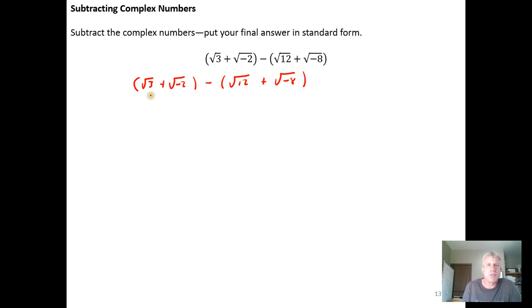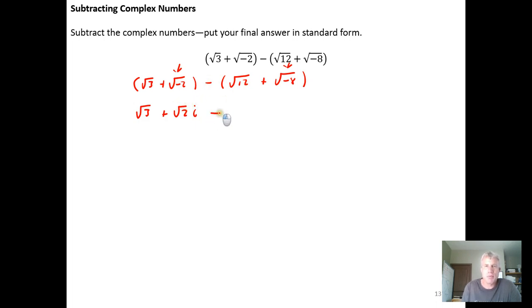So first step is going to be to distribute the minus sign into the parentheses and rewrite these complex numbers in terms of i. So I have the square root of 3 plus the square root of 2 times i, where i isn't under the radical sign.